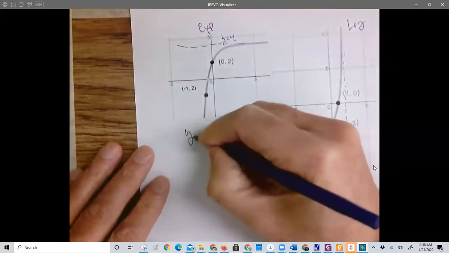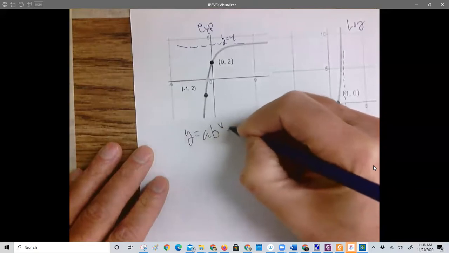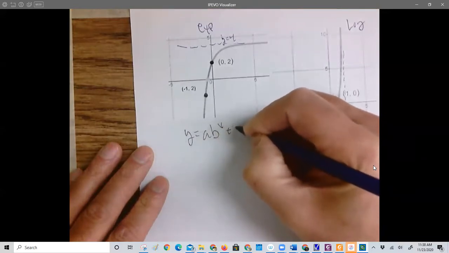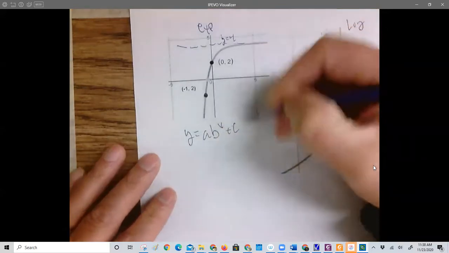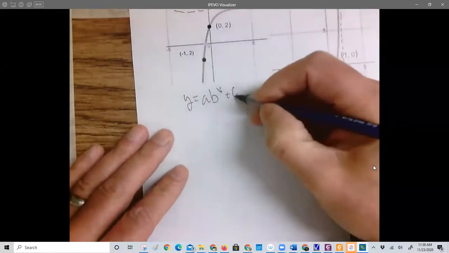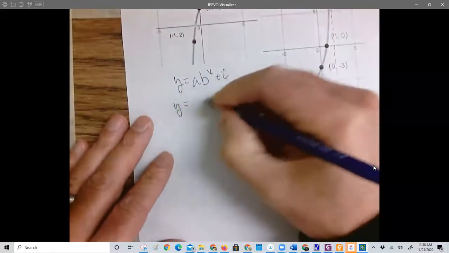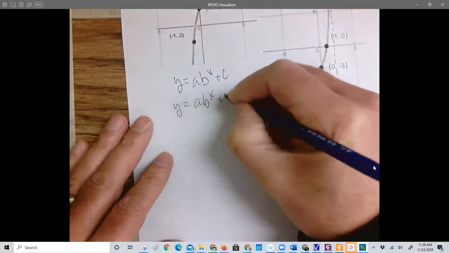So the general form for these exponential functions is y equals a times b to the x plus some constant, c or k. The horizontal asymptote here is 4. So y equals ab to the x plus 4.